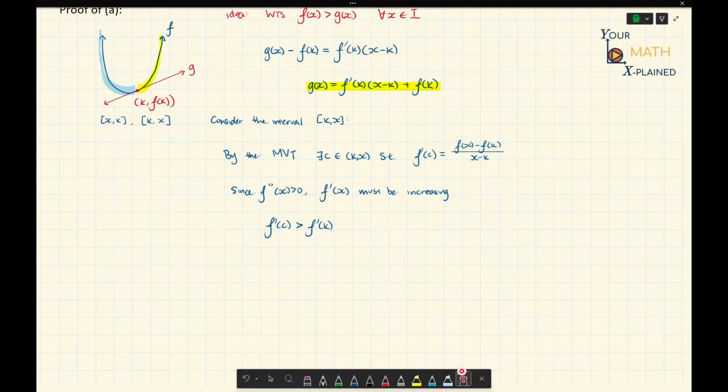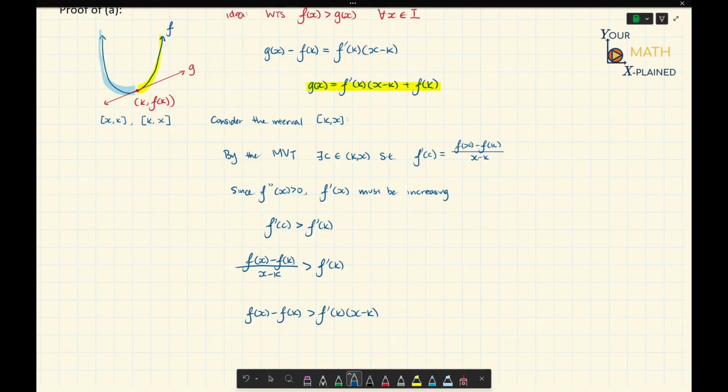Next, we're going to replace f prime of c with the right-hand side of that equation. So we get f of x minus f of k over x minus k is greater than f prime of k. Multiplying both sides by x minus k is going to give us f of x minus f of k is greater than f prime of k times x minus k.